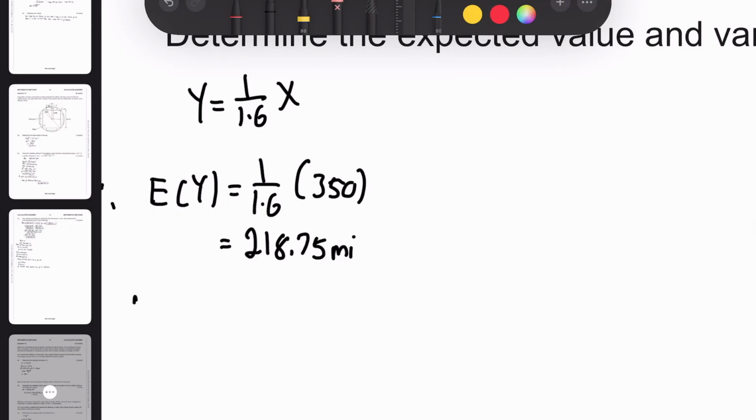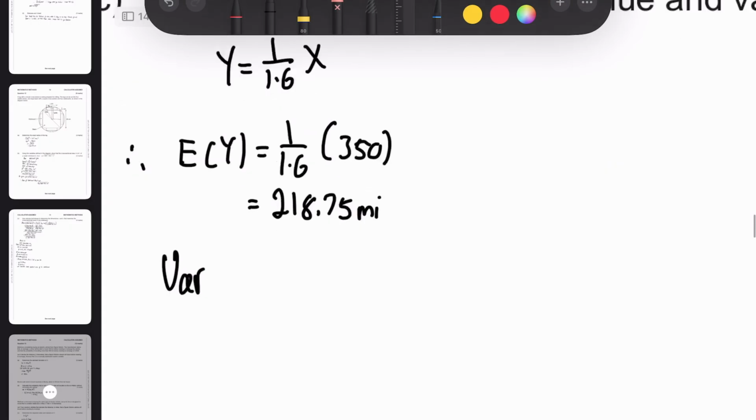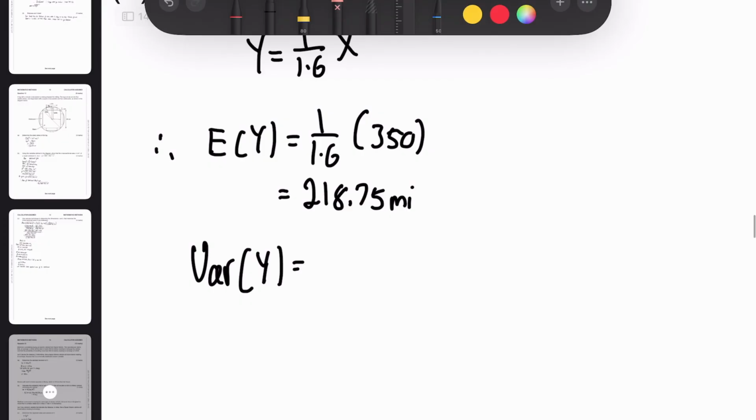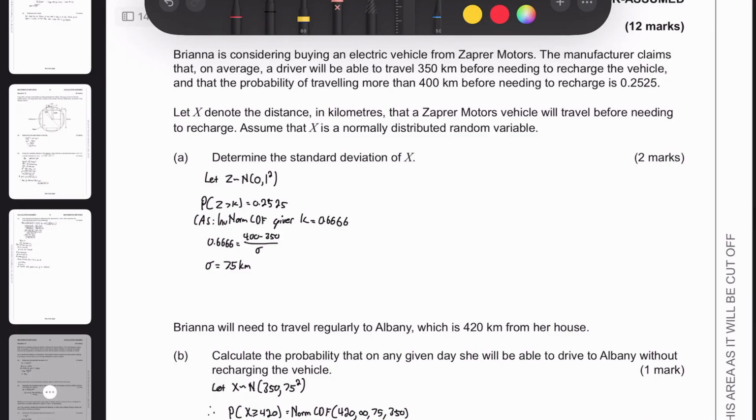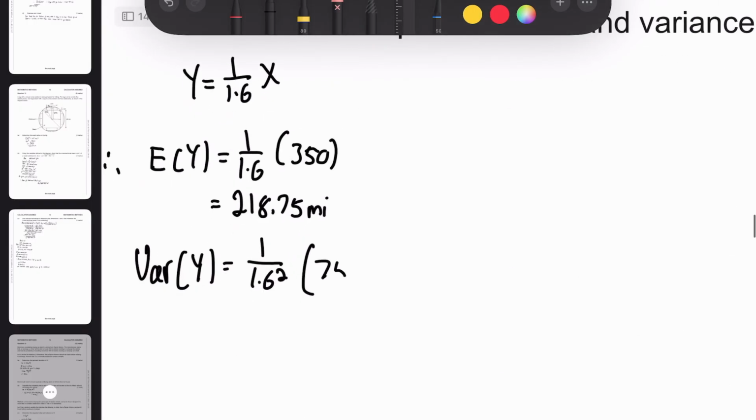And then the variance of y is just going to be 1 on 1.6 squared times the variance of our x, which is 75 squared. So 1 divided by 1.6 squared times 75 squared.